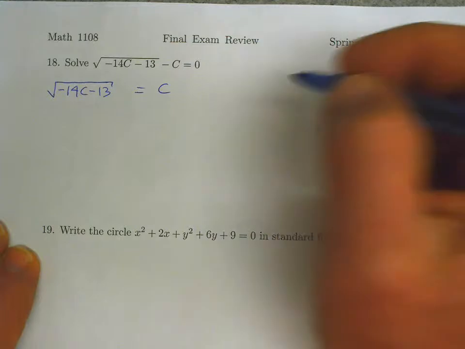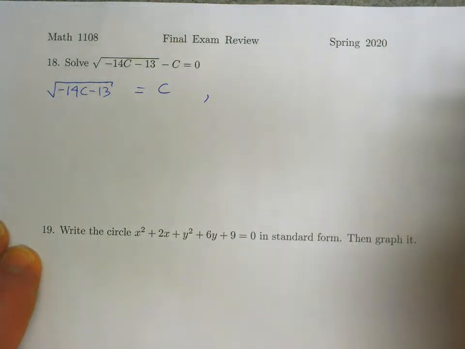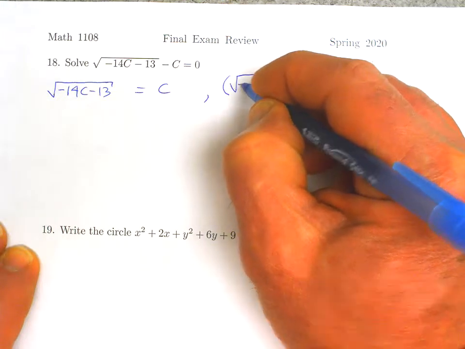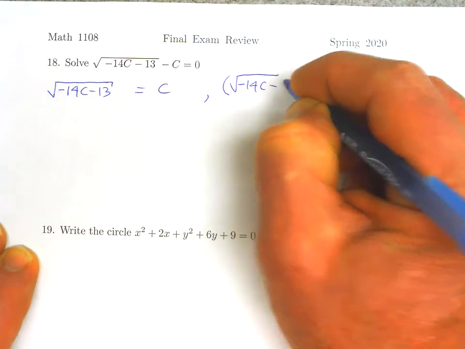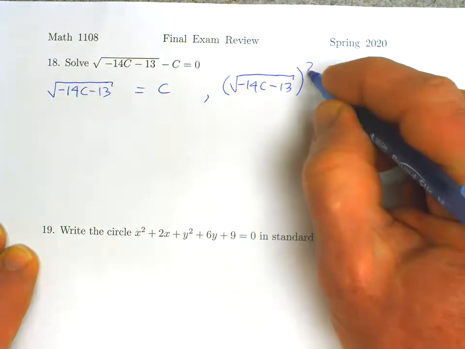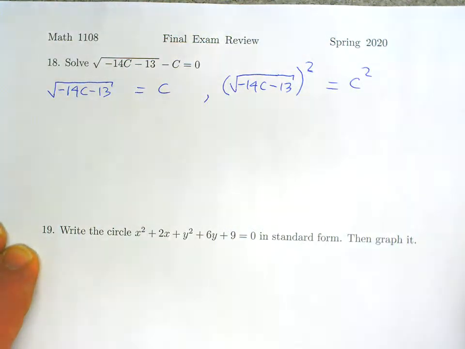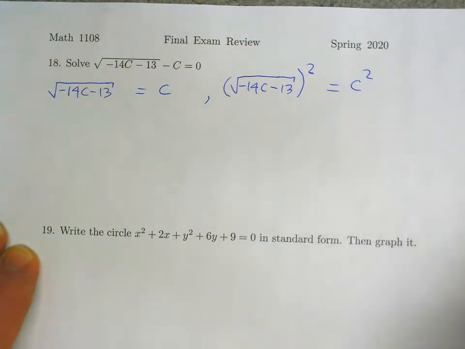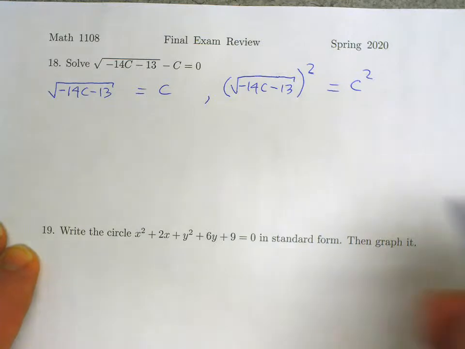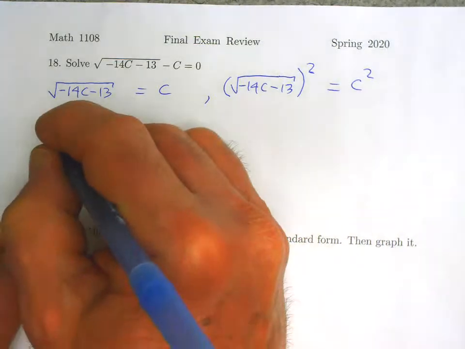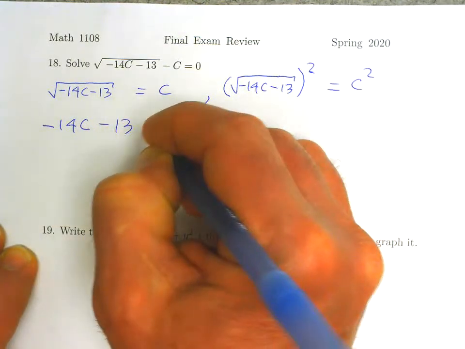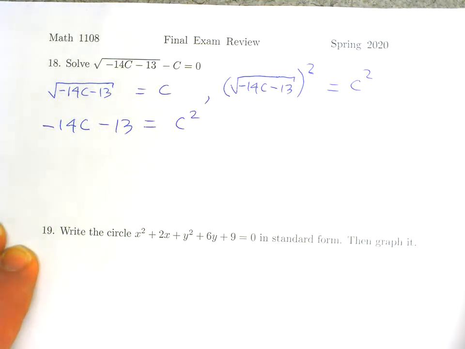And then the next thing we do is square both sides. So we're going to square the square root of negative 14c minus 13. And on the right-hand side, we're going to square c. When you square the square root of negative 14c minus 13, you're just left with negative 14c minus 13 equals c squared.